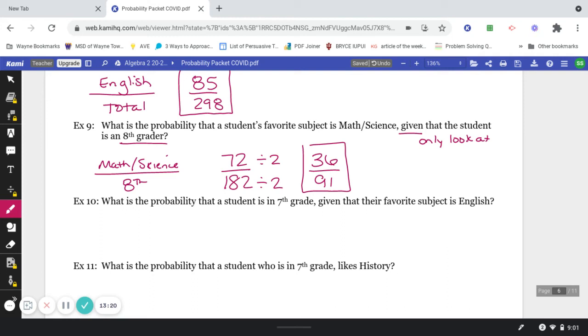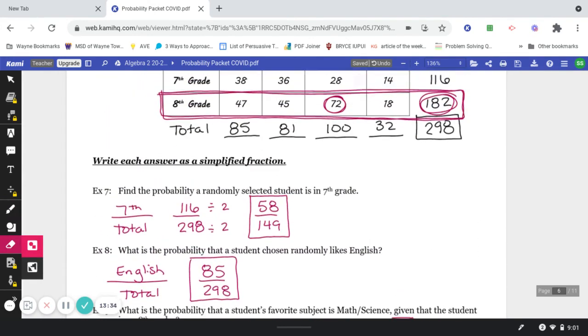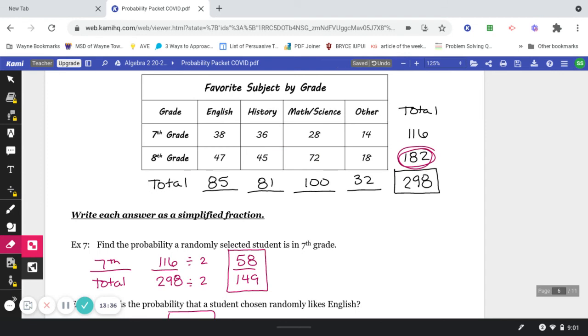Example number 10, what is the probability that a student is in 7th grade given that their favorite subject is English? Only look at English. So we'll go back up to our table. Only looking at English, where are the 7th graders? 38.